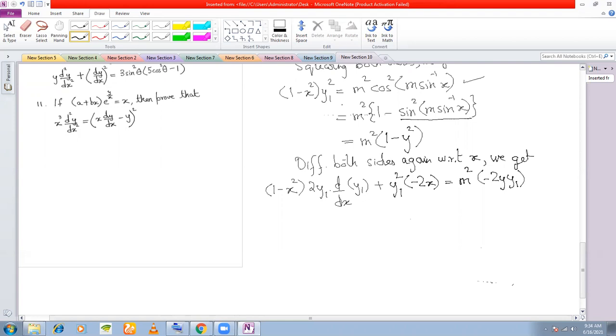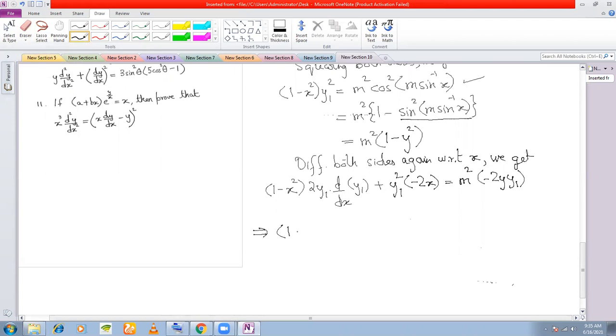Yes, sir. Or should I do one more step? Devanjan, tell me something. Okay, left is the right hand side differentiation clear? Yes, sir. Yes, sir. Okay, if it is clear, then I can proceed.